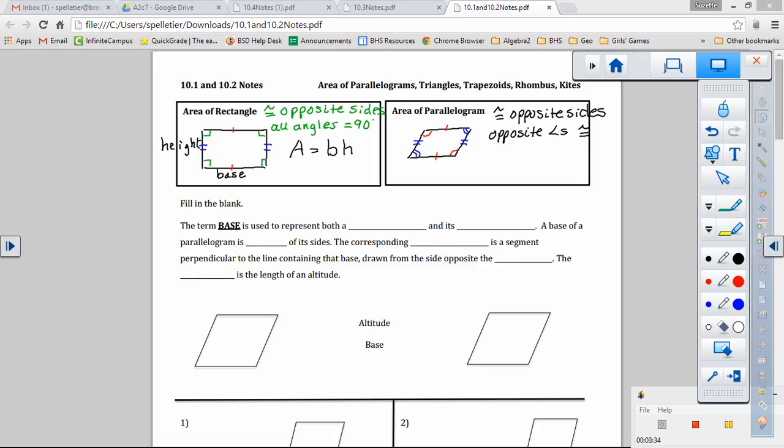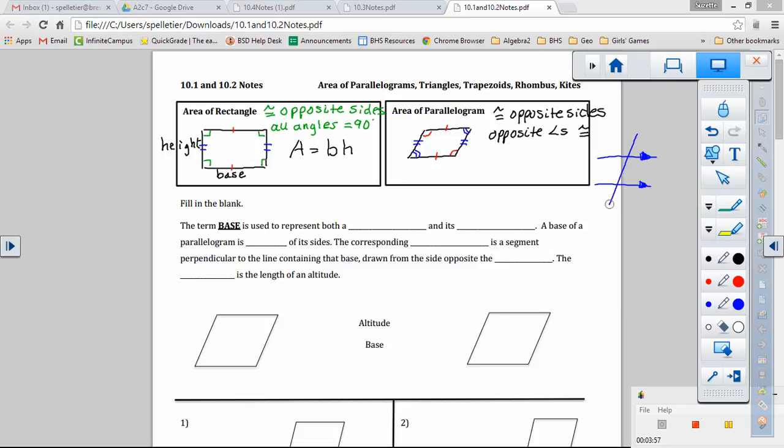Something else you might want to know about a parallelogram is that it's called a parallelogram because the sides are parallel to each other. If you remember, parallel lines are usually shown by putting this little triangular shape on them. So I know that those two sides are parallel.